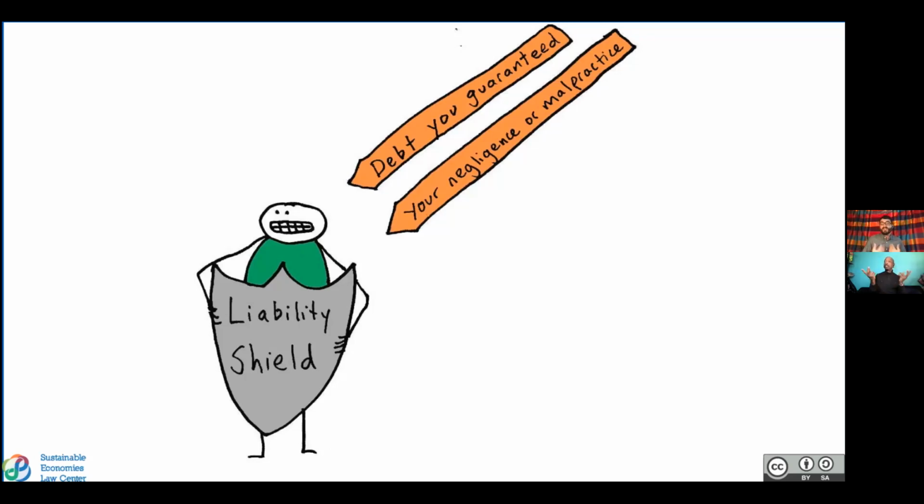So putting up your personal assets to be able to access this business capital. Furthermore, if you are personally negligent in some way, you may not necessarily be personally shielded. Other individual members of your business will be shielded though, but possibly not you if it's you doing something that could be construed as not being within the business activities of your business.